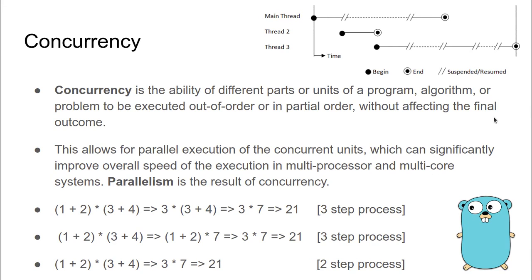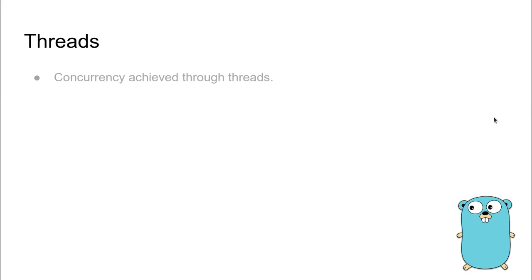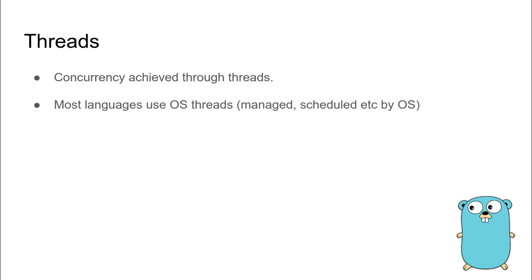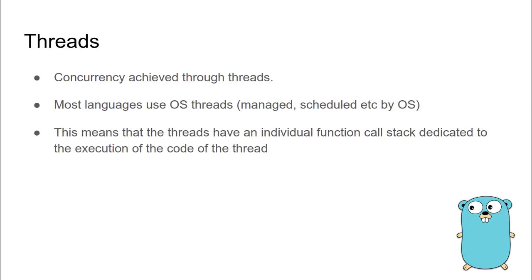Next, let us discuss threads. Now, concurrency is achieved in most programming languages by means of threads. Most programming languages make use of OS threads, which are threads that are managed, scheduled, and so on by the operating system. This means that the threads have an individual function call stack that is dedicated to the execution of that thread.